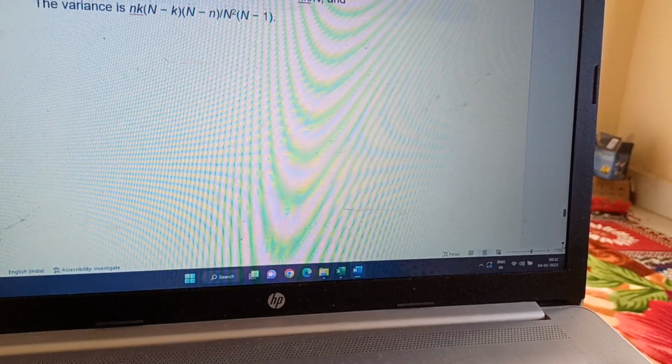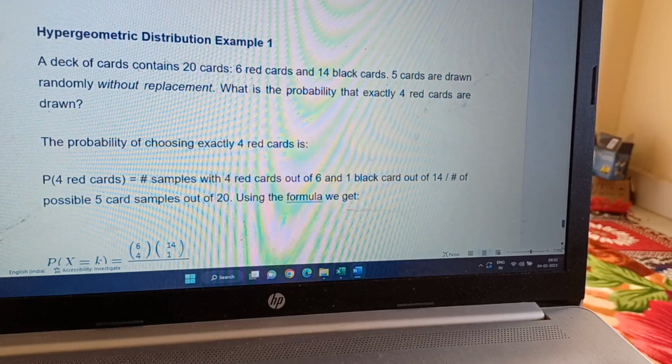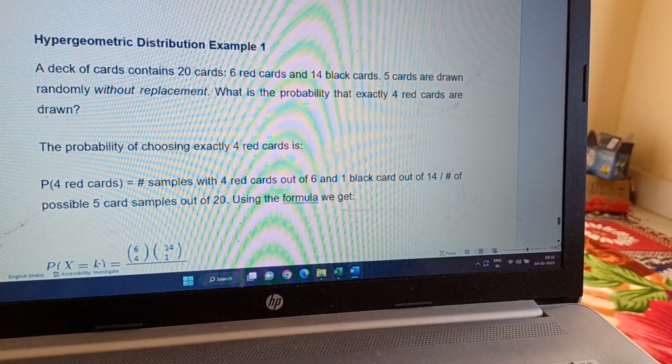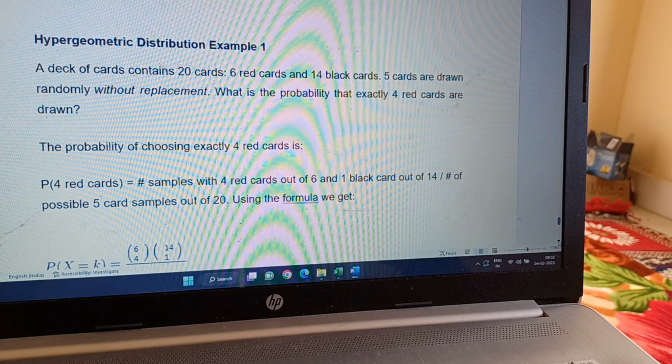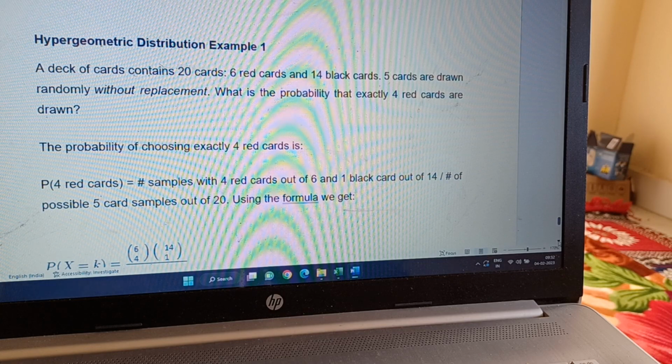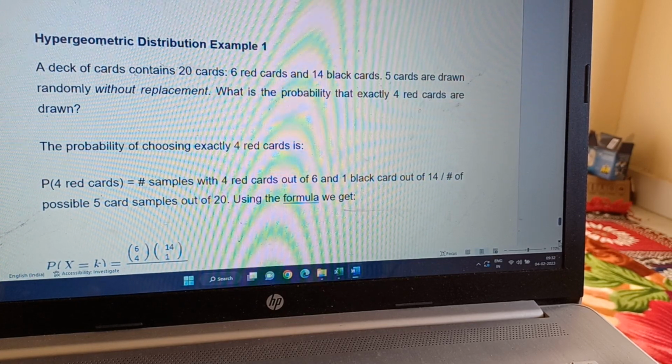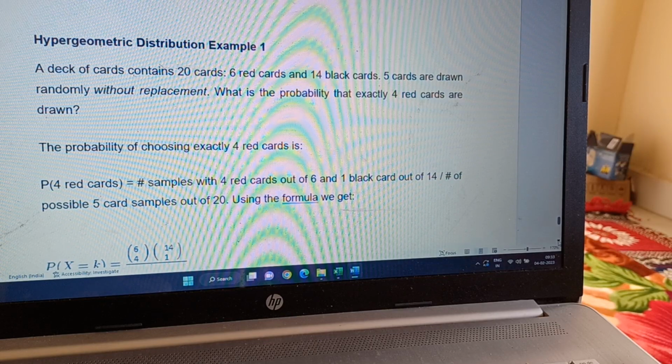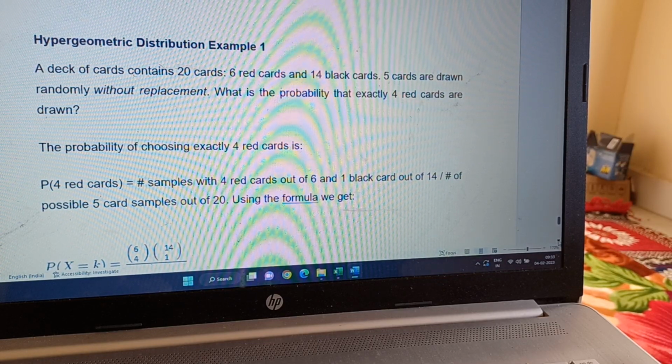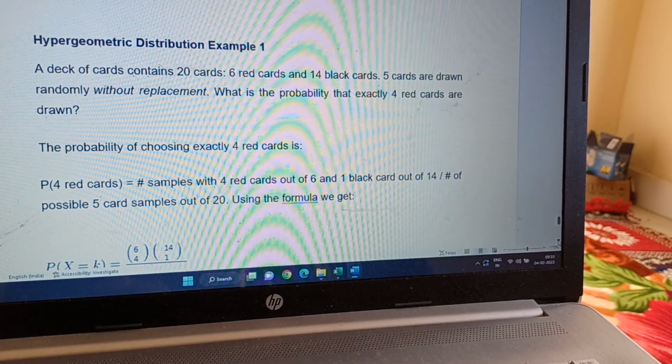But a question can be asked on the hypergeometric distribution because it is different from the others in the sense that only this distribution is without replacement. All other distributions have replacement. So a question can be asked in GATE about which distribution is with replacement or without replacement, and they will give you the names.